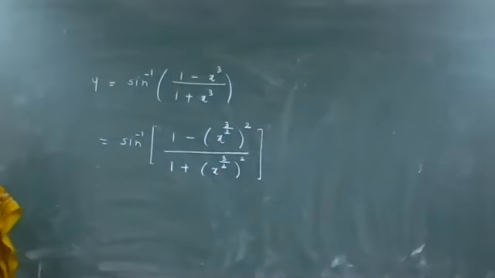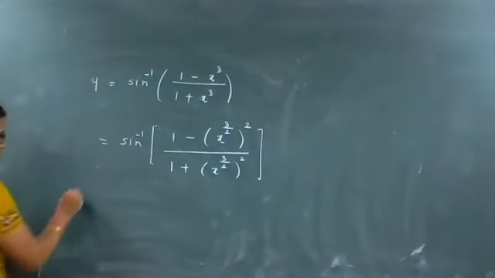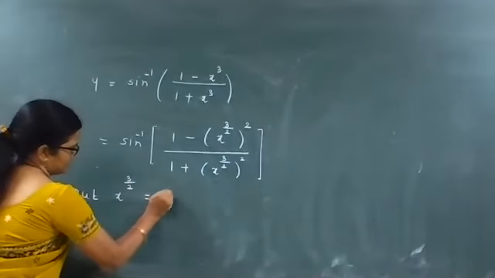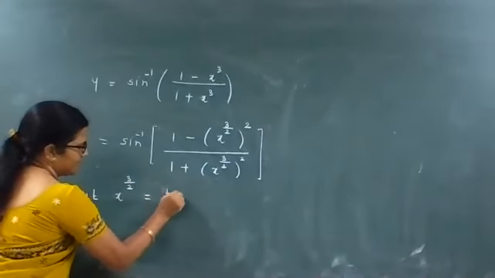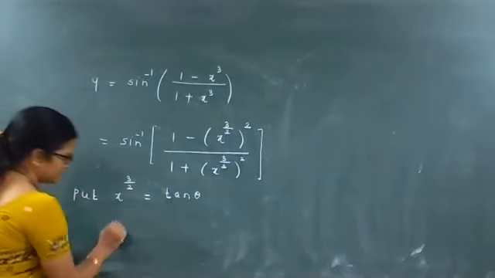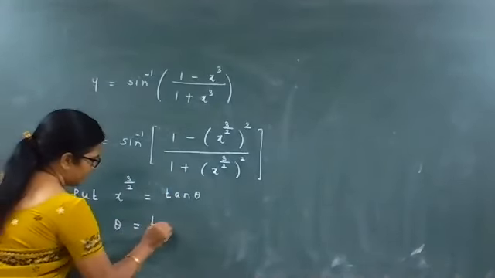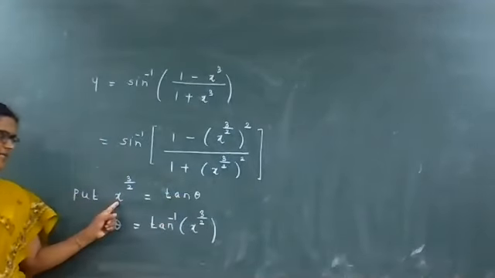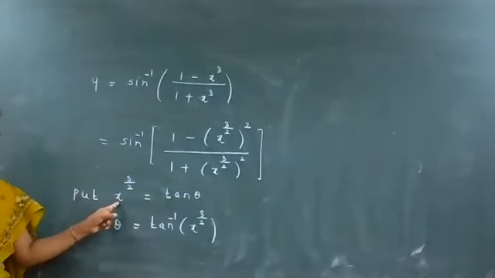Now substitute for x raised to 3 by 2. Tan inverse x raised to 3 by 2. If you write this as sin theta, then theta will be sin inverse. If you write x raised to 3 by 2 as cot theta, it is cot inverse x raised to 3 by 2.